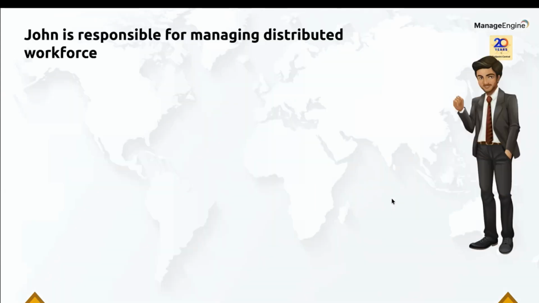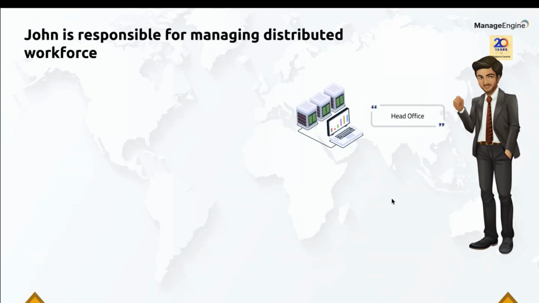Let's see how the distributed workforce will be presented. Here, John is responsible for managing the entire distributed workforce on the platform. He'll start managing from the head office, right? The headquarters will contain the end devices and the C-level machines that need to be manageable, and the servers included, database servers and all.